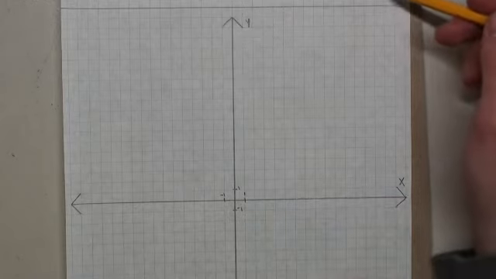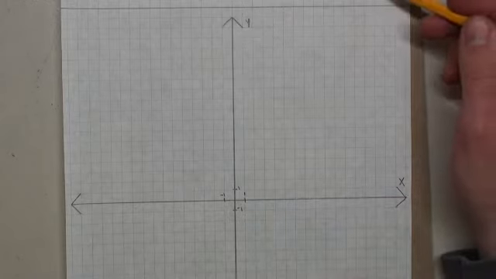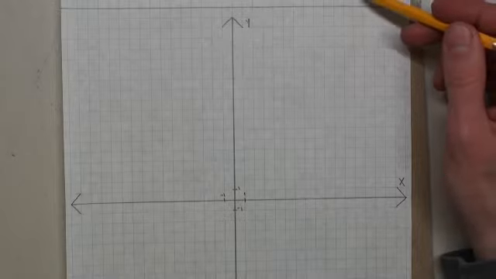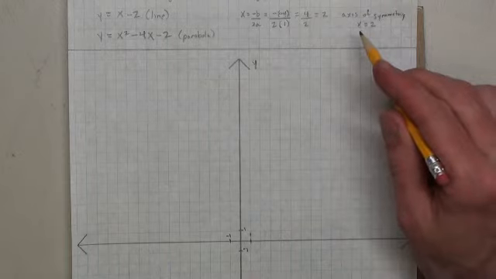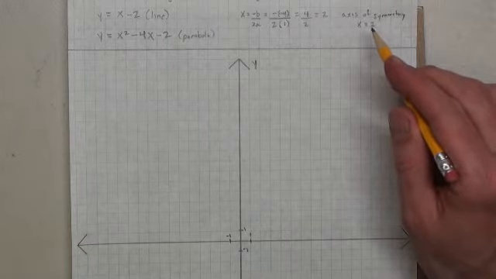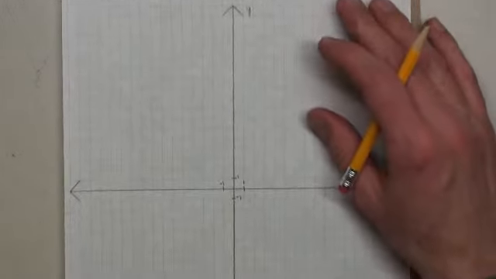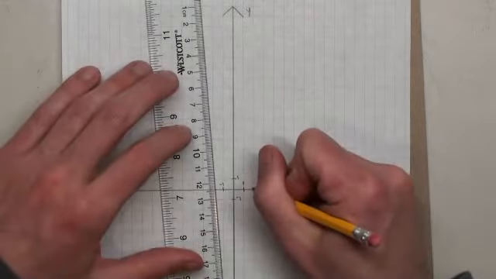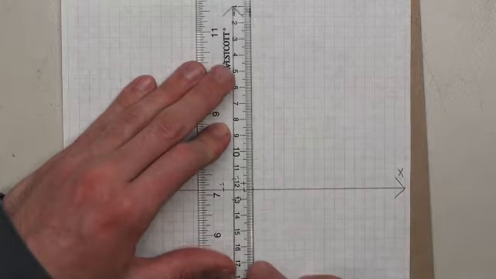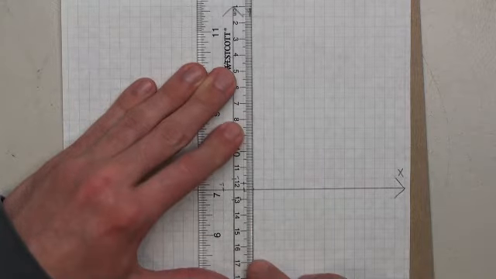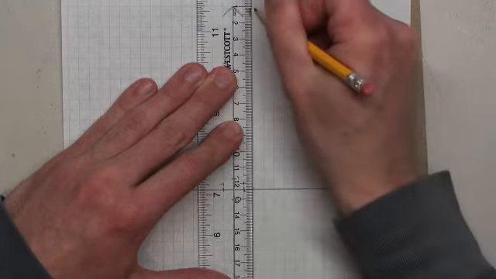So now at 2, we want to draw in our axis of symmetry. Now remember, x equals is a vertical line going through 2 on the x-axis. So it goes through, here's 2 on the x-axis, right? It's a vertical line that goes through 2 on the x-axis, and you make that dashed. Okay?